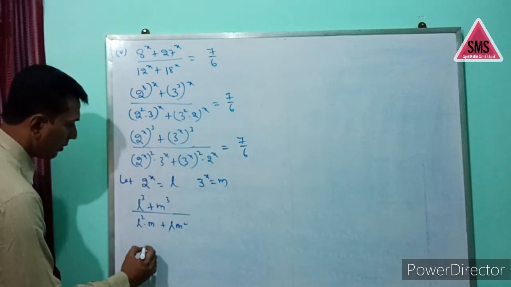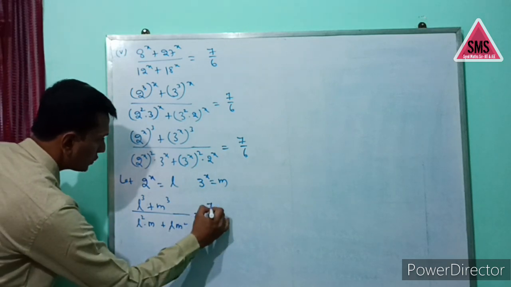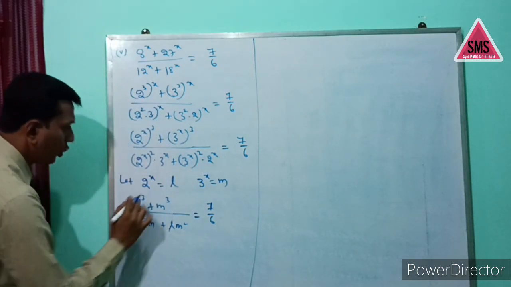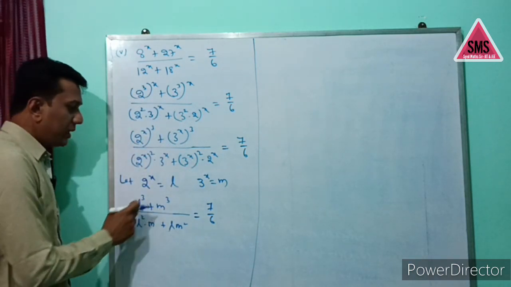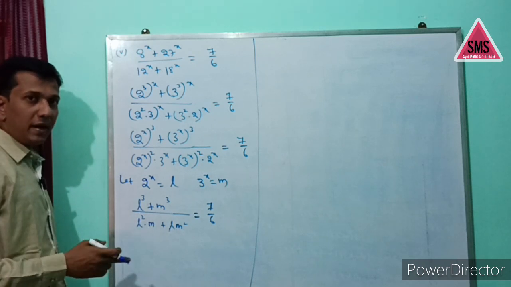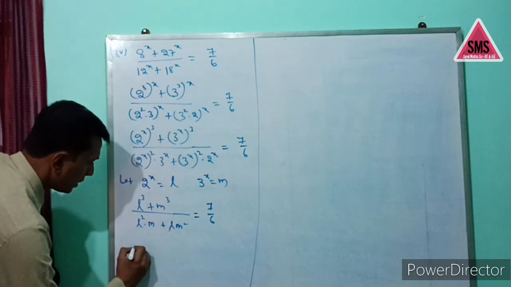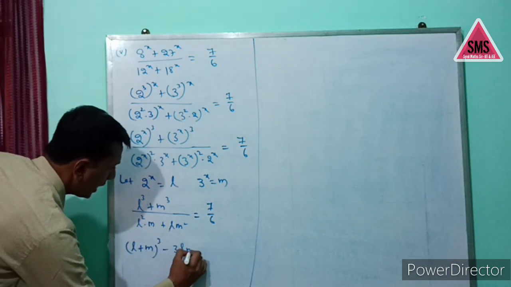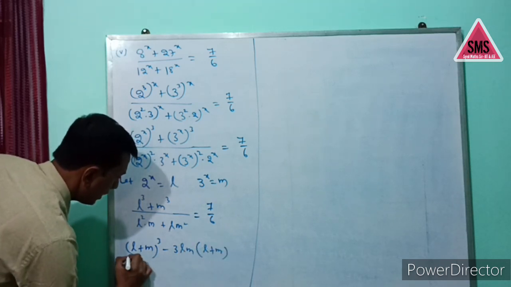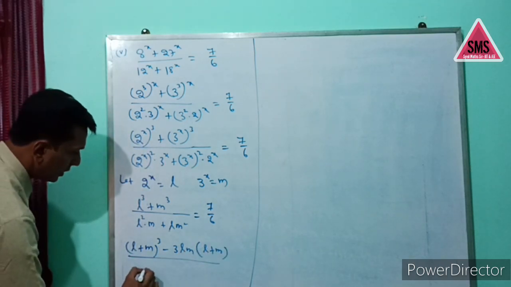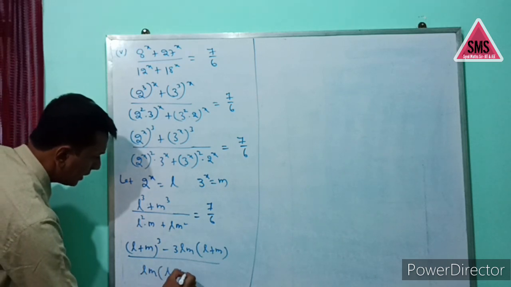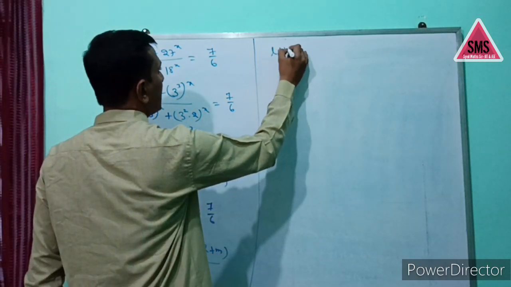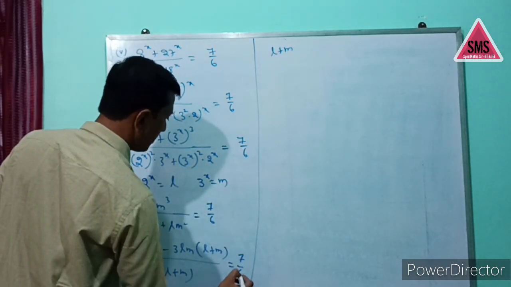Now between these two, what is the common thing? It equals 7 by 6. We should not forget that 7 by 6. Now a cube plus b cube is nothing but a plus b whole cube minus 3ab into a plus b. So L plus M whole cube minus 3LM into L plus M, divided by, here LM is common, so I can write it as LM into L plus M. Now you can split the denominator into two.